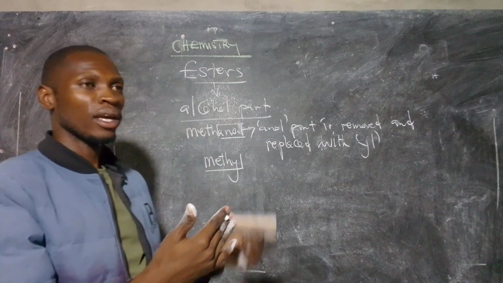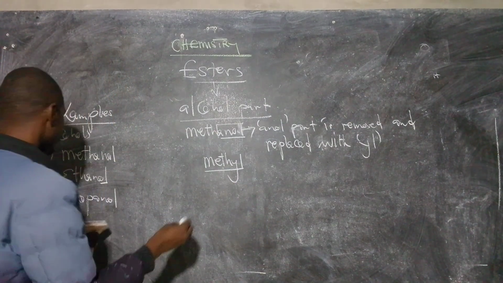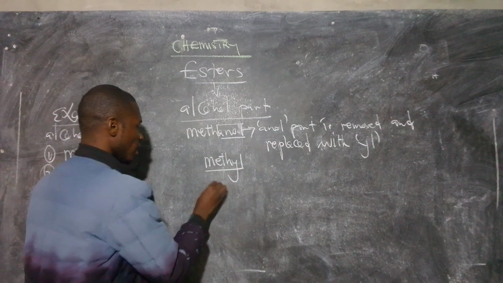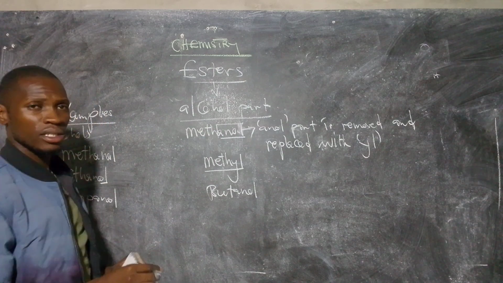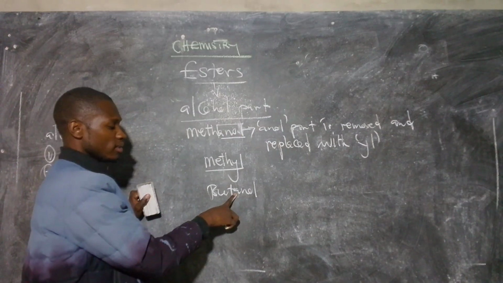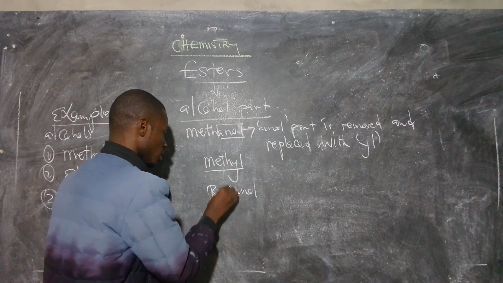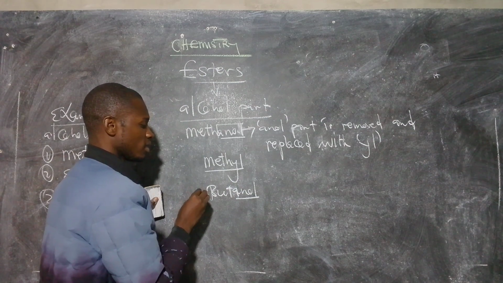Any alcohol you can try to make, you need to do the same thing. For example, let's get butanol, which is the fourth member. So I'm going to remove the ANOL part.